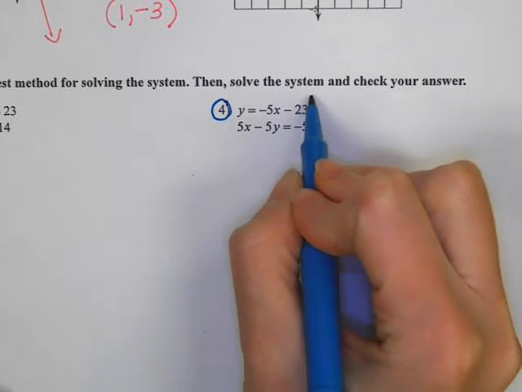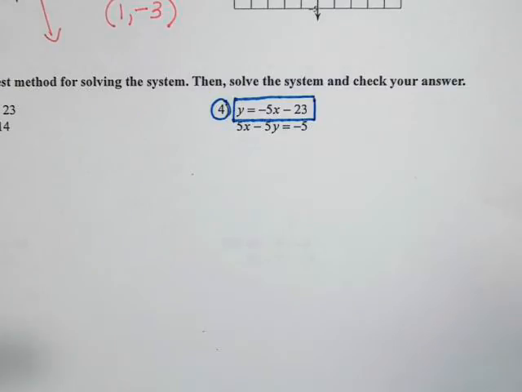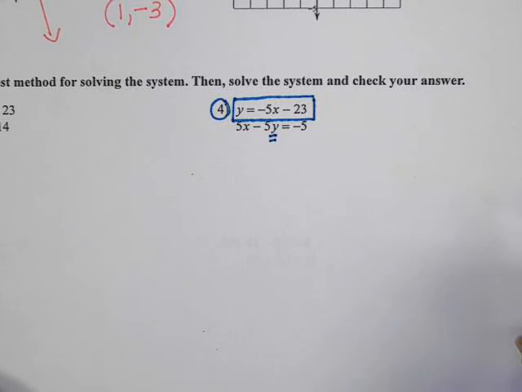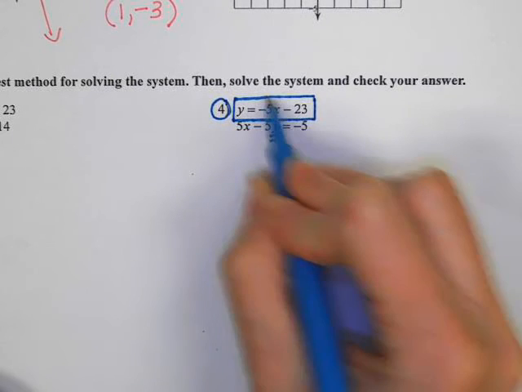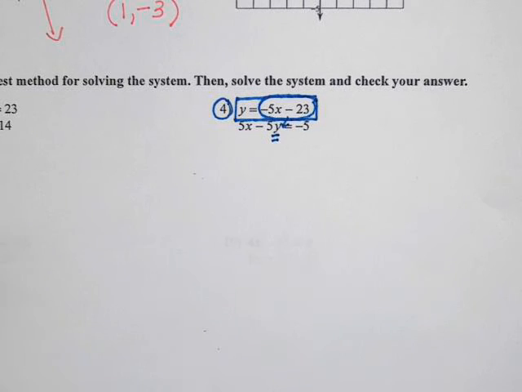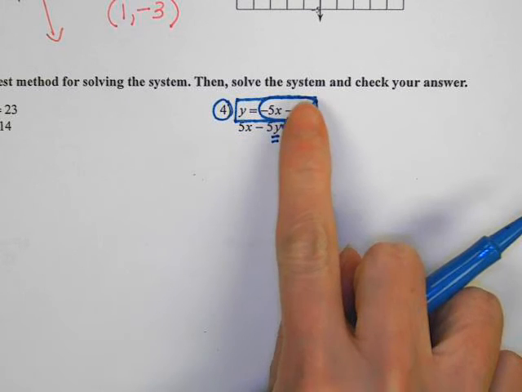Okay, so here's the story. If y is equal to -5x minus 23, then in the other equation, wherever we see a y, we can replace it with its substitute, -5x minus 23. So it's like if y gets tired, this can always go in its place.